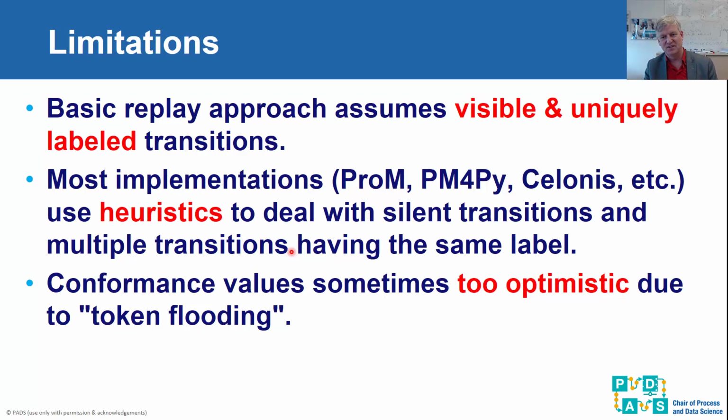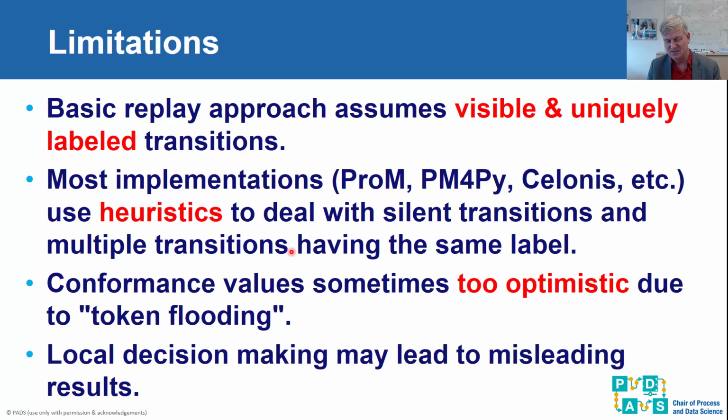Also, if we have a net with a loop and many things are not fitting and we go through the loop multiple times, then at some point there will be tokens everywhere and you never need to have a missing token, even though nothing really fits. So sometimes conformance values are misleadingly high, although the relationship between the log and the model is very weak.